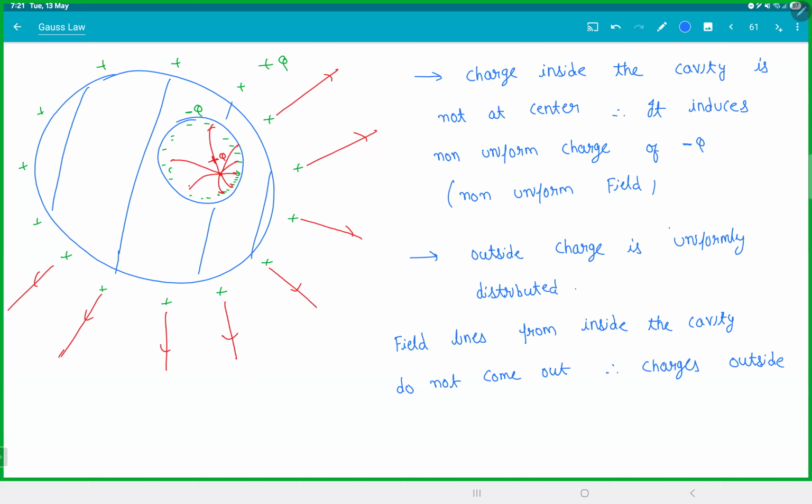It's an important one. So charges outside are not affected by the plus Q and its induced charges. Have a look at this. So let's discuss this in more detail.